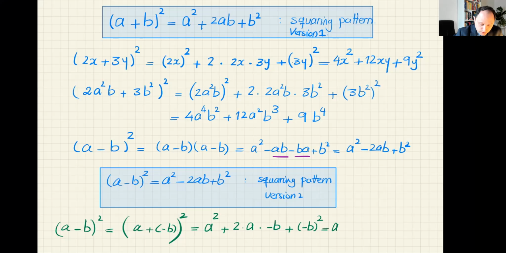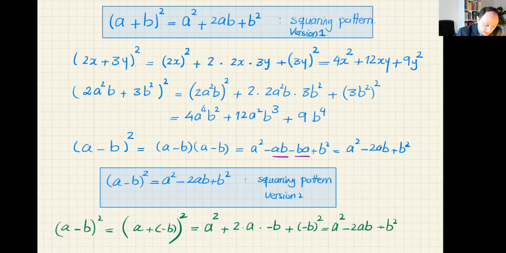A squared is just a squared. But if I ask you, if I multiply them here, what will happen? You would say that 2 times this negative sign, it becomes negative 2. And then a times b is just ab. But even though this is minus b to power 2, minus b to power 2 means minus b times minus b, but it becomes again positive b squared. So this becomes positive b squared.